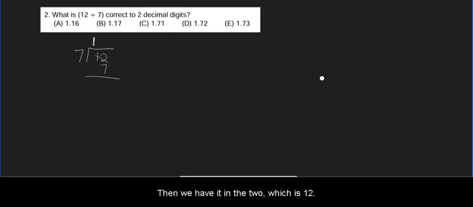Okay. Does 7 go into 1? The answer will be no, it doesn't. And does it go into 12? Yes, it does. How many times? 1 time. Now 1 time 7 is 7. Okay. So, of course, we cannot have 2 minus 7, so we borrow the 1 in there, then we have it in the 2, which is 12.